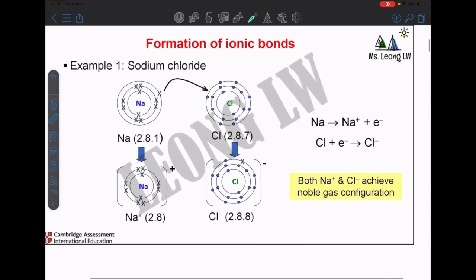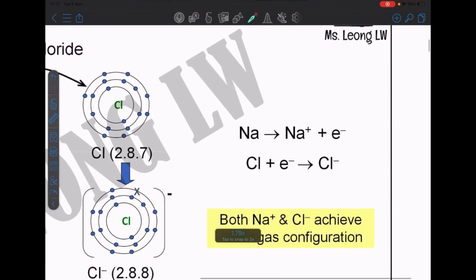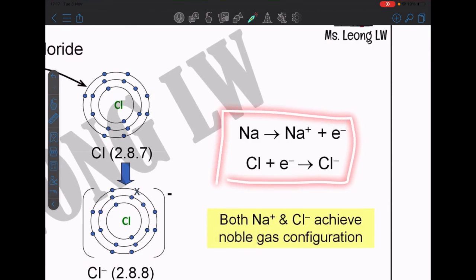As you know, metal can only transfer to non-metal. So we can transfer 1 electron from sodium to chlorine, and as you can see here, they are both fulfilled. Both have 8 in the full outer shell, and this would be the ionic equation.